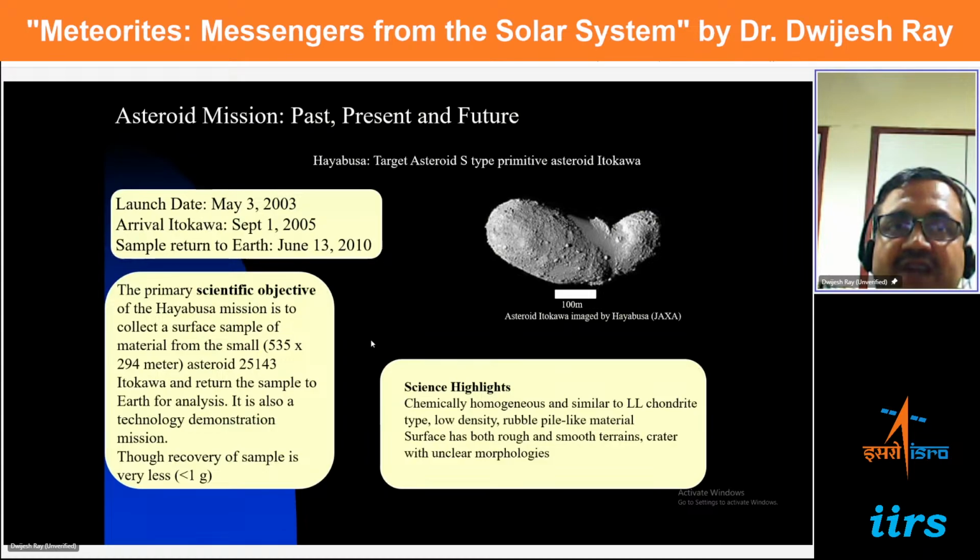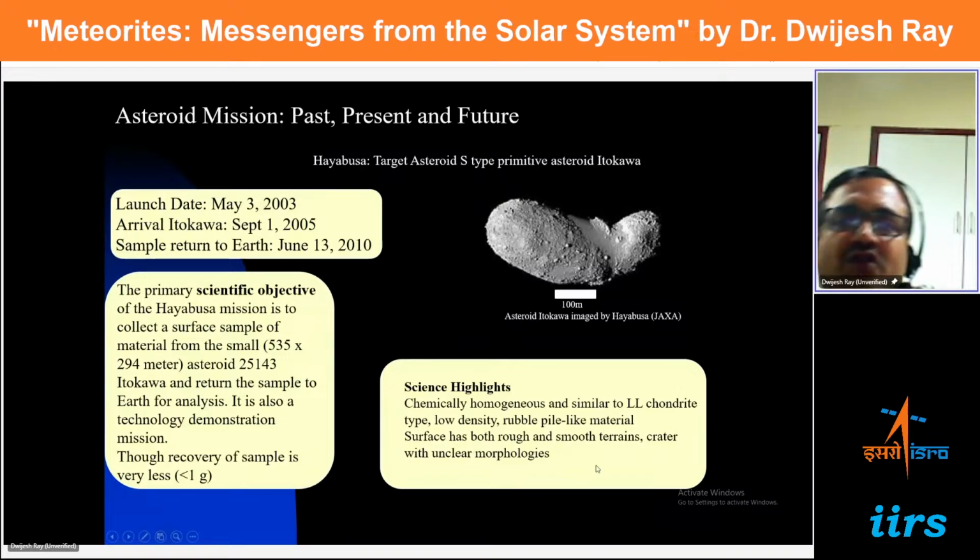Anyway, the mineral grains we studied in the laboratory, and we found that similar kinds of meteorites we also have in our collections. The main science highlight of this asteroid was that it's a low-metal LL-type chondrite, of which we have huge collections of meteorites as well.